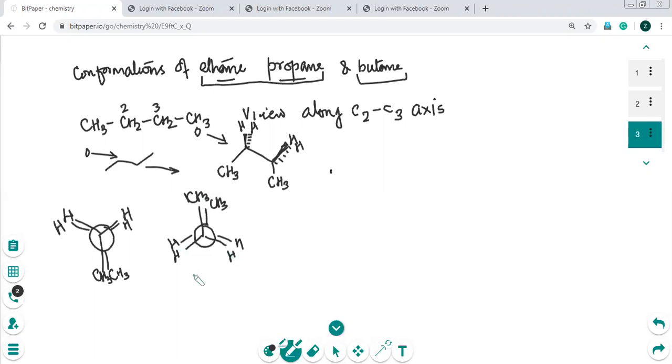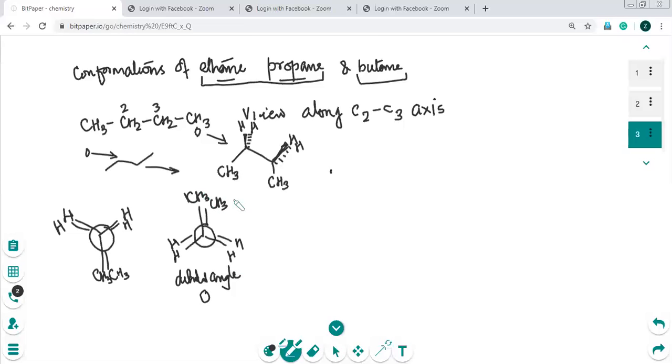Hence the dihedral angle is 0. This is one behind the other, so the dihedral angle is 0. And see here, the CH3 groups are very close to each other.